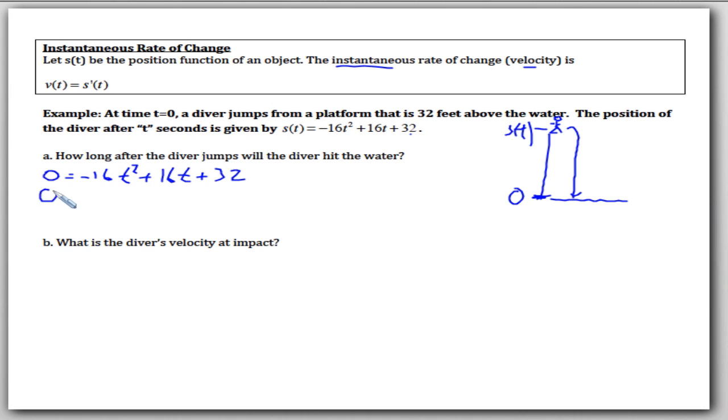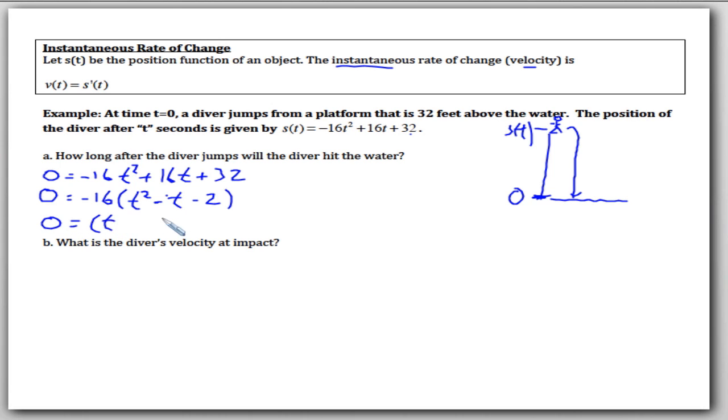And this is algebra 2, just solving for a quadratic. Looks like we can factor out a negative 16, so we have t squared minus t minus 2. The negative 16 won't factor into our answer.